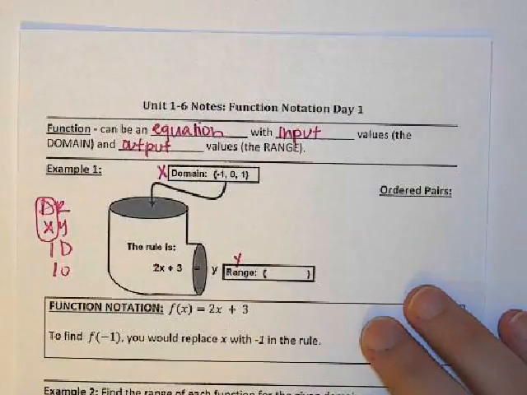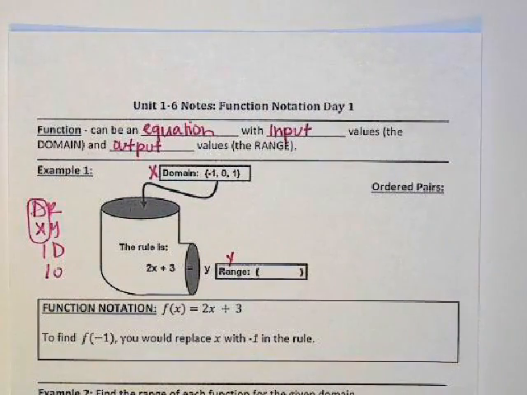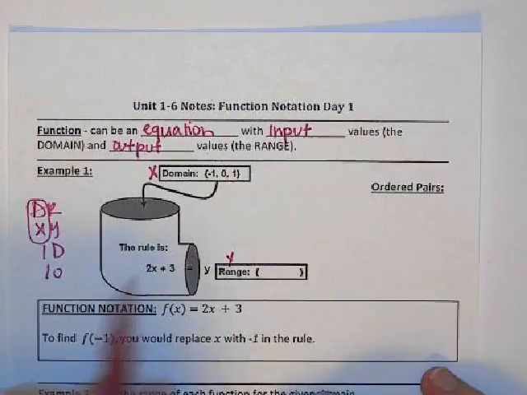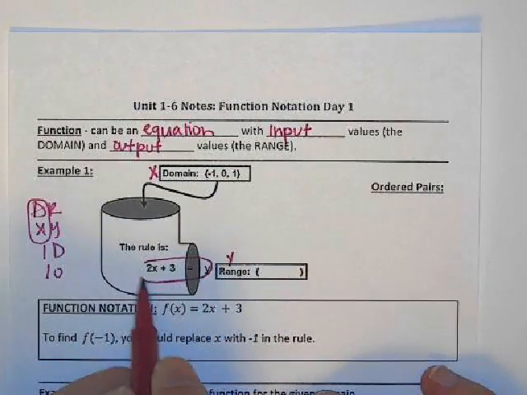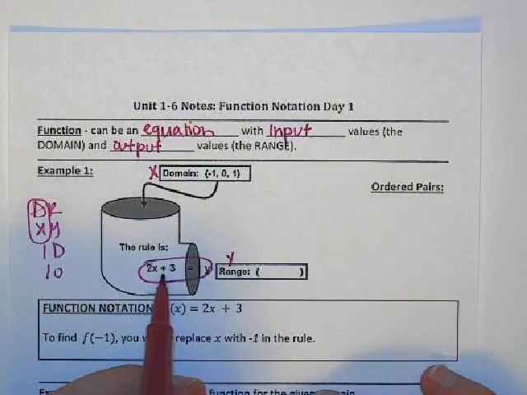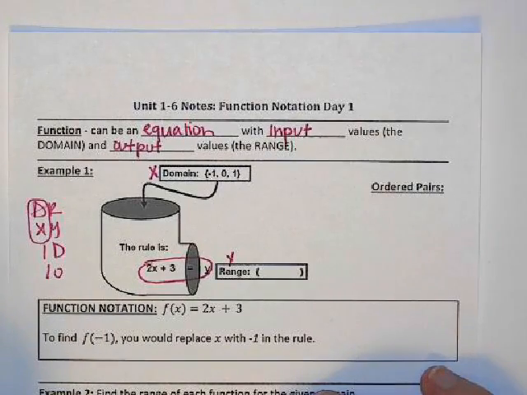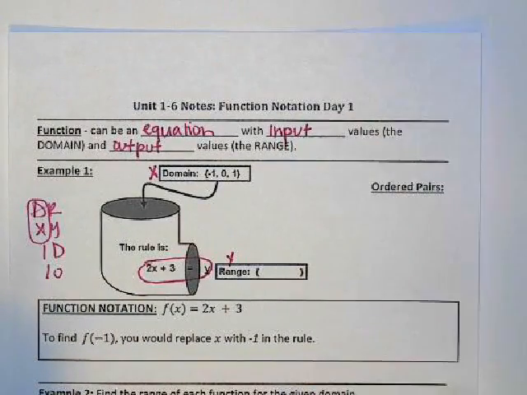All right? What else do you notice on example 1? What else does it have? There's a rule. Do y'all see this right here? Y equals 2x plus 3. What's that called? An equation.